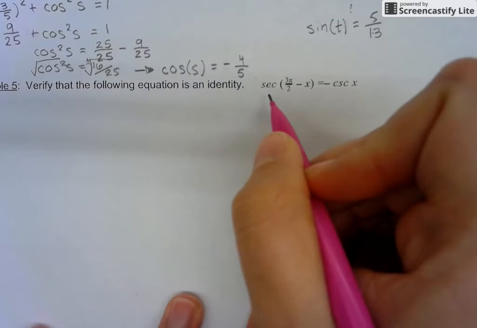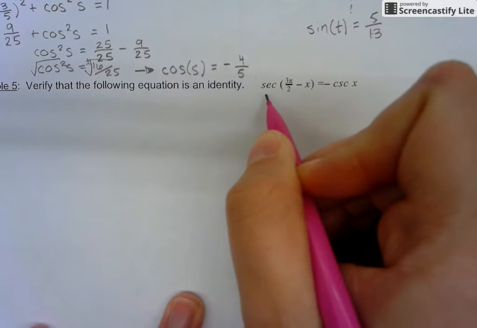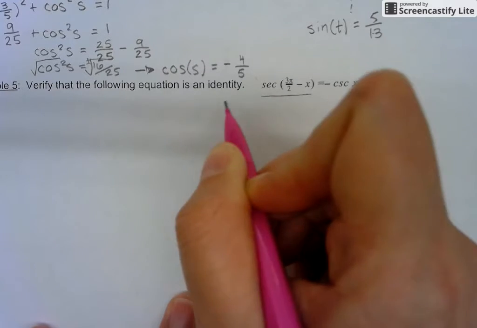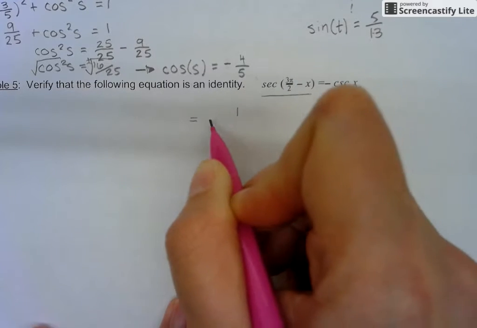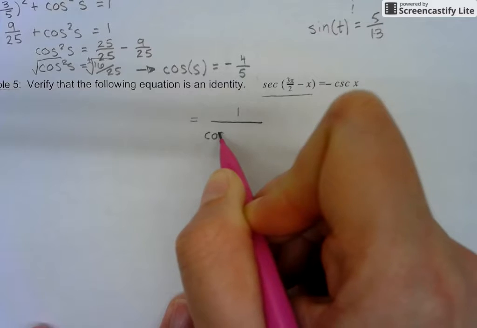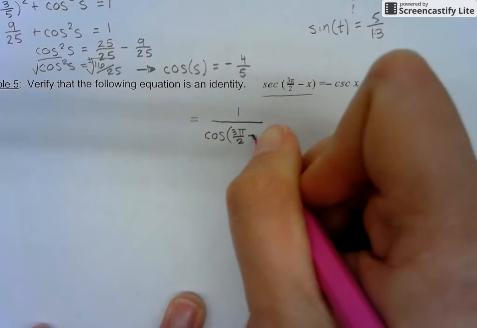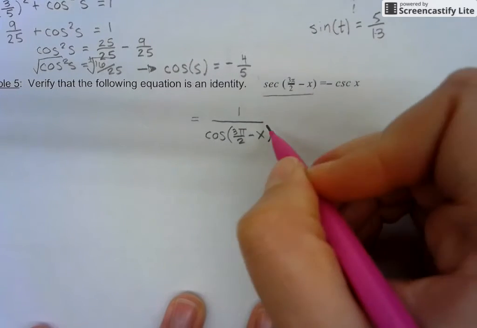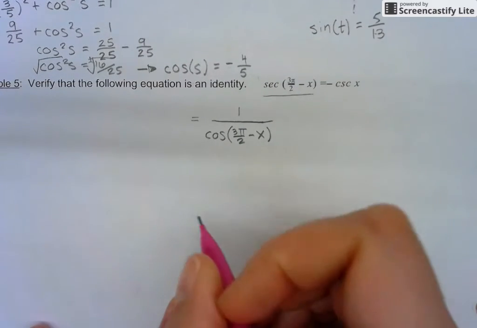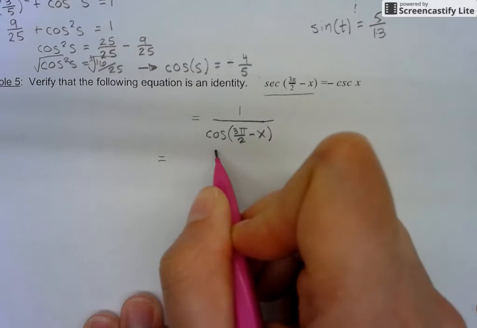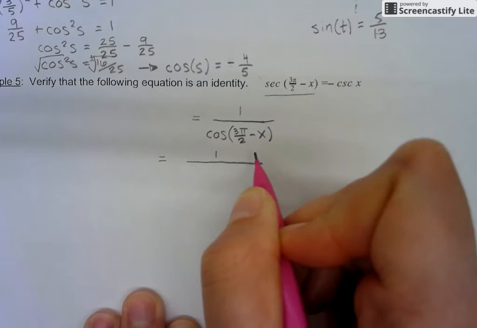So I know that secant is the reciprocal of cosine, so this left side is going to be equal to 1 over the cosine of that same angle, 3 pi over 2 minus x. Remember, secant is 1 over cosine. This looks really messy, but we just learned about our sum and difference formulas.